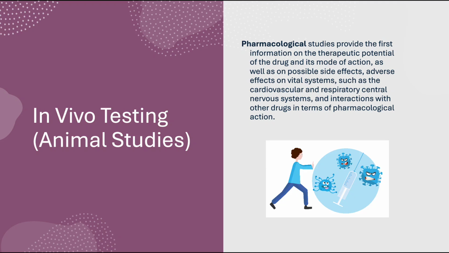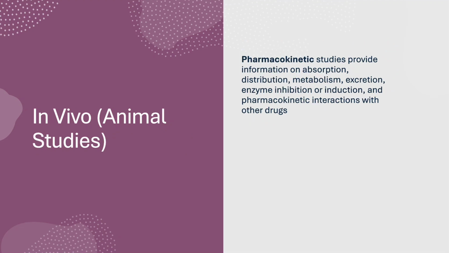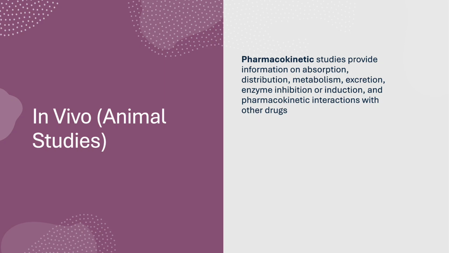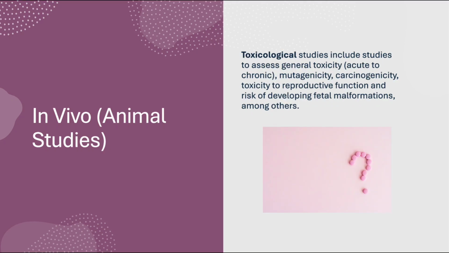Pharmacological studies provide the first information on the therapeutic potential of the drug and its modes of action, as well as possible side effects. Pharmacokinetic studies provide information on absorption, distribution, metabolism, and excretion. Toxicological studies include studies to assess general toxicity, mutagenicity, and carcinogenicity.